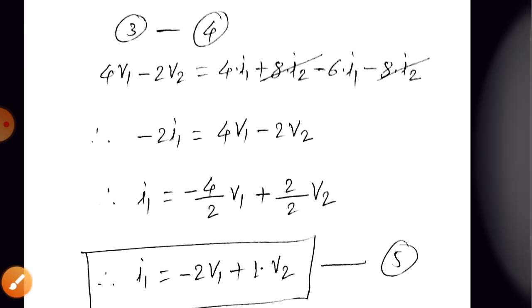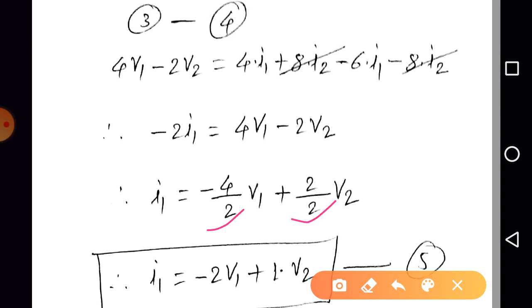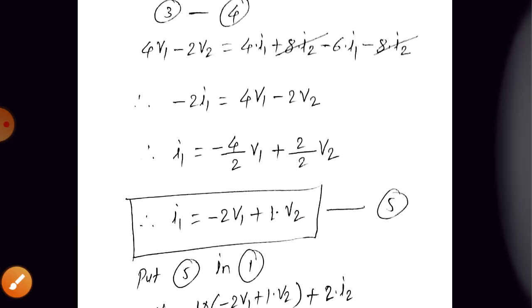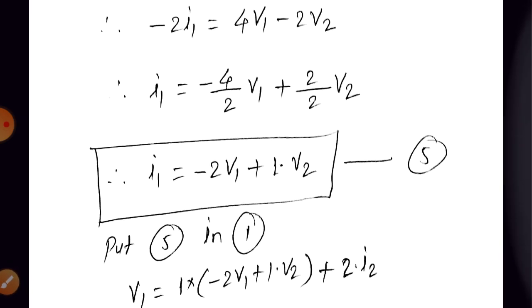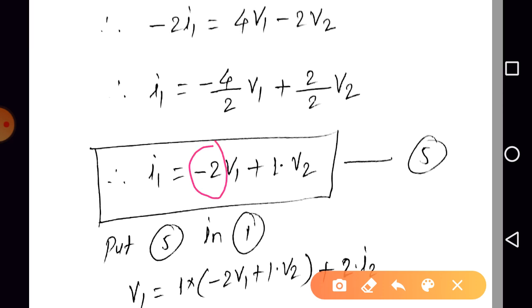So from this, I1 is equal to minus 4 by 2 V1 plus 2 by 2 V2, that is I1 is equal to minus 2 V1 plus 1 into V2. Are you getting the point? This is the expression for I1 in terms of V1 and V2. So I1 is equal to Y11 V1 plus Y12 V2, where Y11 is minus 2 mho and Y12 is 1 mho.